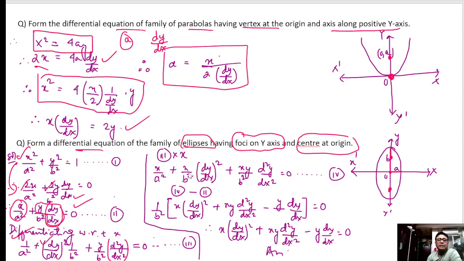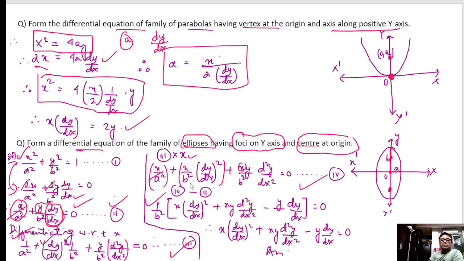Now multiplying the third equation by x, what do we get? We get x by a square plus x of this plus x into this. Clear? Now this is the fourth equation, so this minus the second equation, the x by a square will cancel out, so this will remain. Clear?